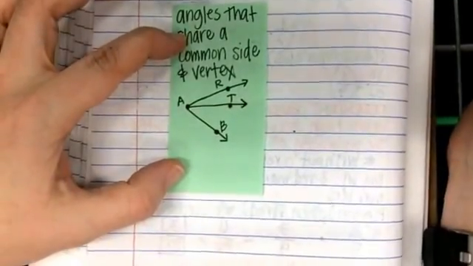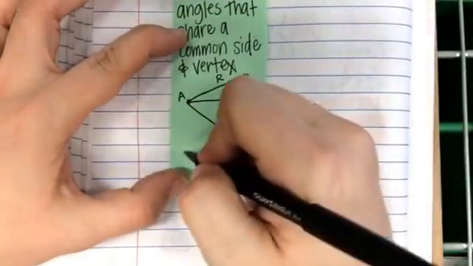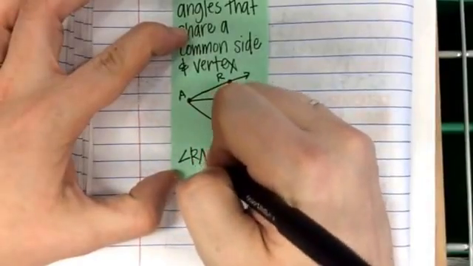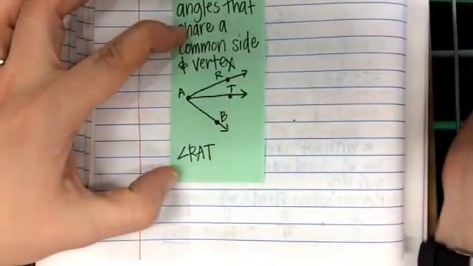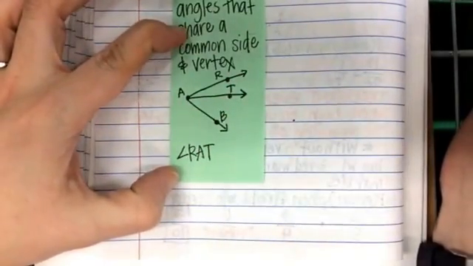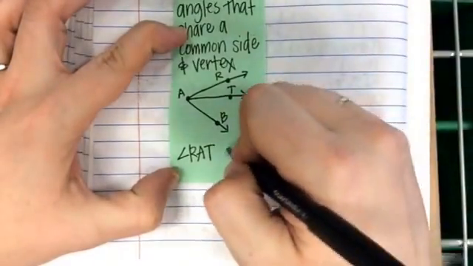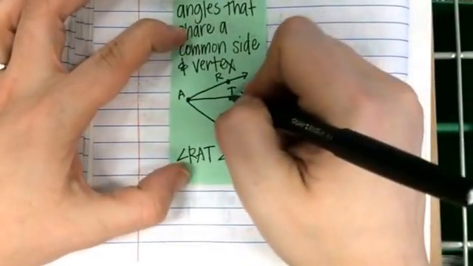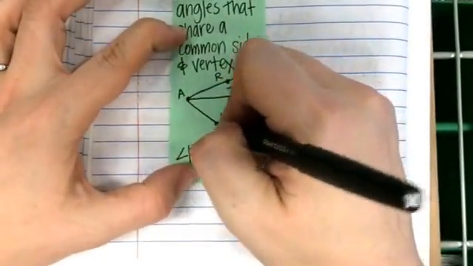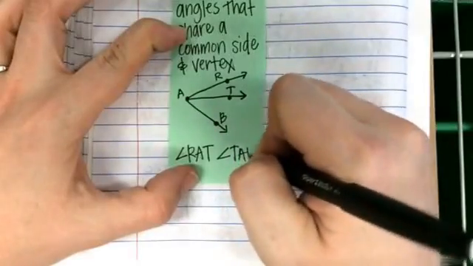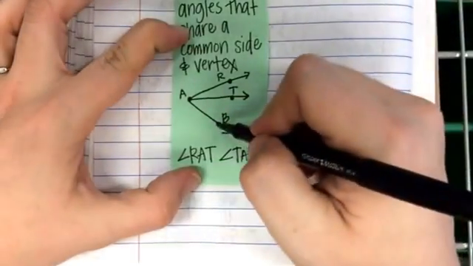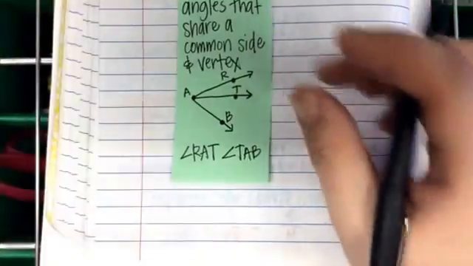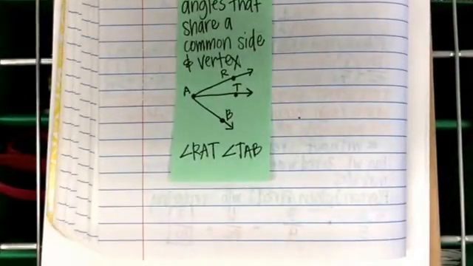What's the first angle? RAT. What's the other angle? TAB, or BAT. Those two angles are adjacent.